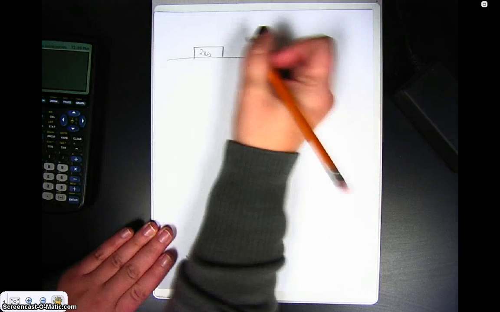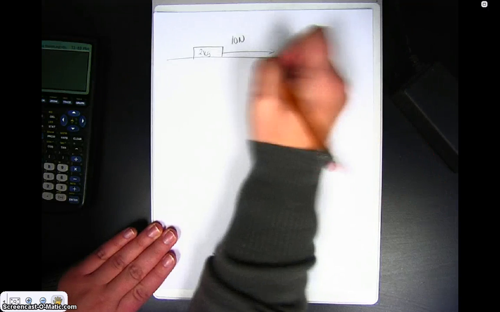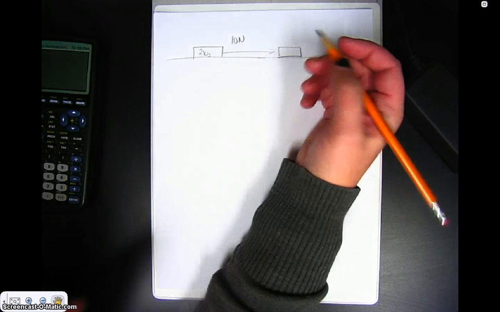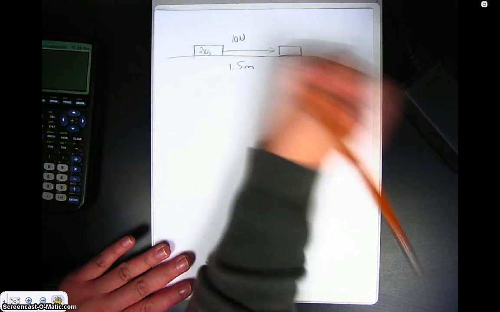We are going to push the book with a force of 10 newtons, and we move the book from one location to another, and let's say we've just moved it 1.5 meters.